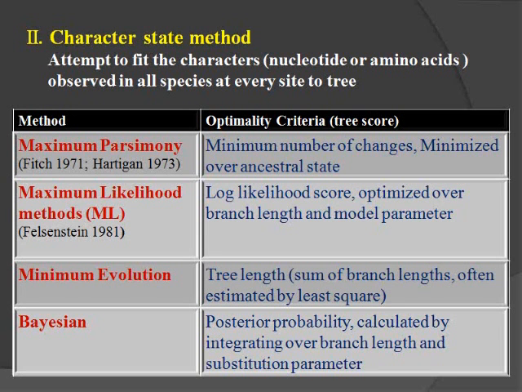Then in the case of character state methods, there is parsimony, maximum parsimony, which means the minimum number of changes. It will draw out all the possible trees, and out of those, the one having the minimum evolution or minimum changes will be selected. For maximum likelihood, the log likelihood score is optimized over the branch lengths.